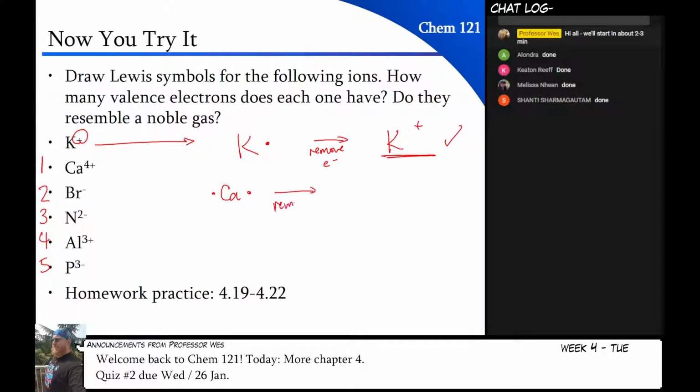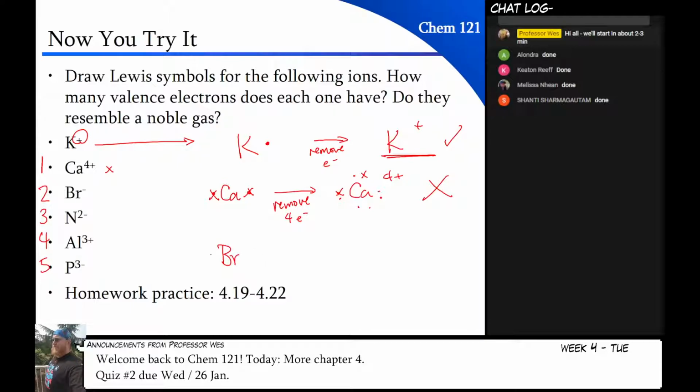But I need to remove 4 electrons to get this as my result. So in order to do that, I would have to cross out these 2, and then I'd have to cross out 2 more. So whatever my octet was that was here, we'd have to get rid of 2 more of those too. So you could easily see that this is not an octet. So calcium 4 plus is not an octet.